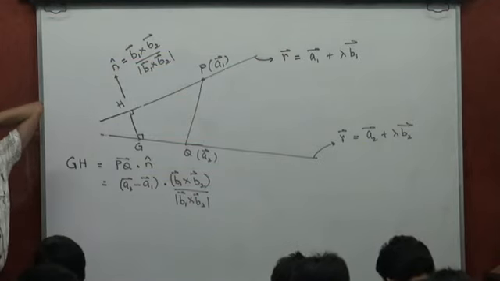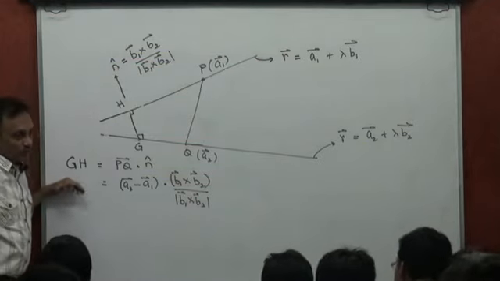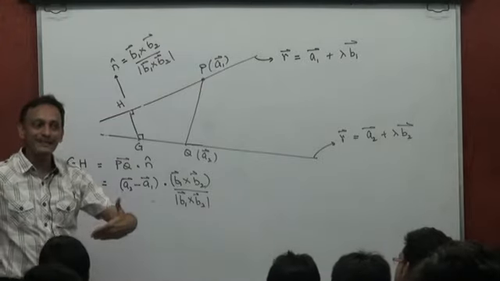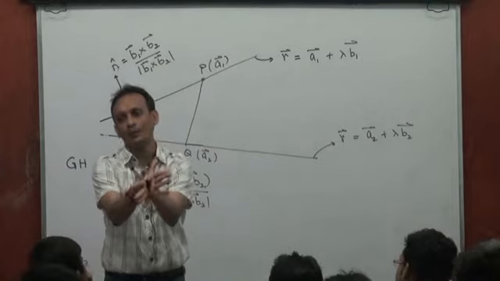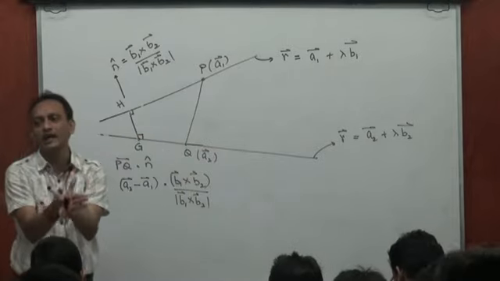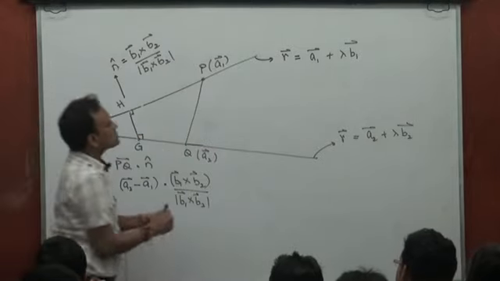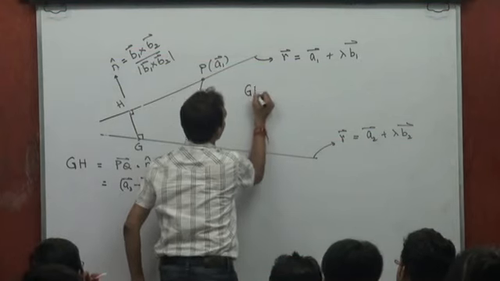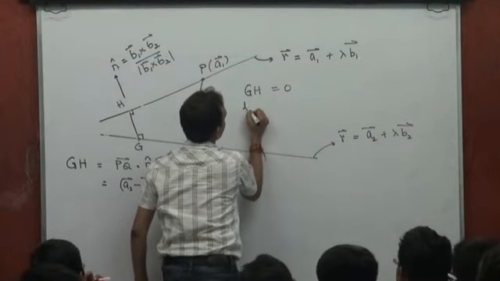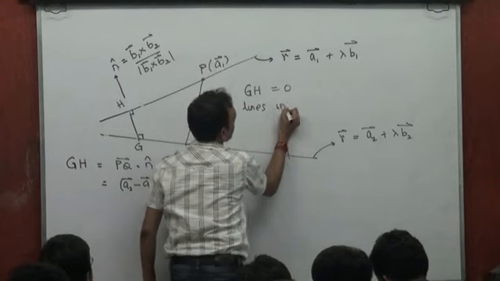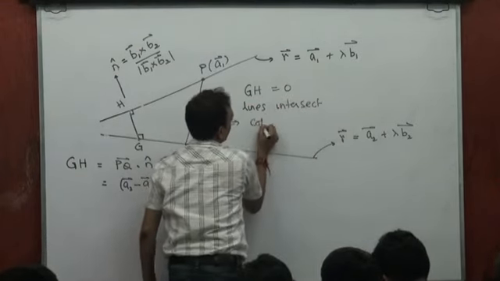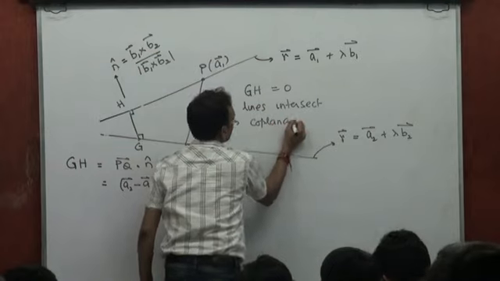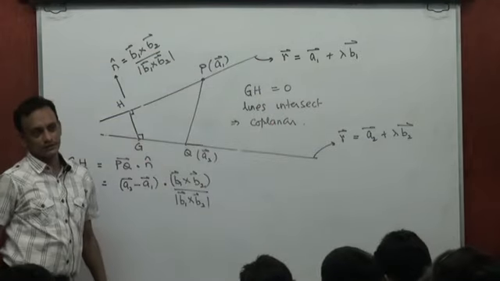And in the event this GH is 0, then the two lines would intersect and will be rendered coplanar. If two lines intersect, they ought to be coplanar, right? So if GH is 0, lines intersect, and then they become coplanar.